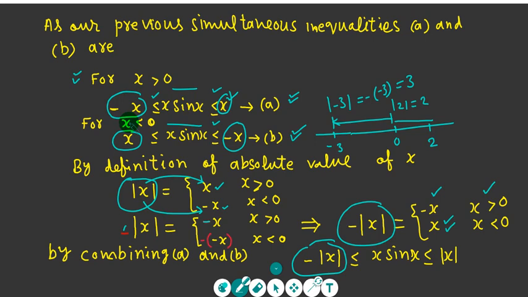So in general simultaneous inequality we can write the greater function as absolute value of x. So this is our general simultaneous inequality, which is true for both positive and negative real numbers.